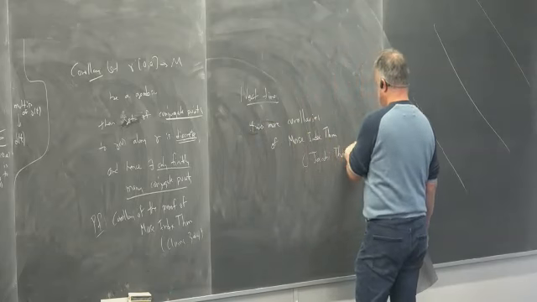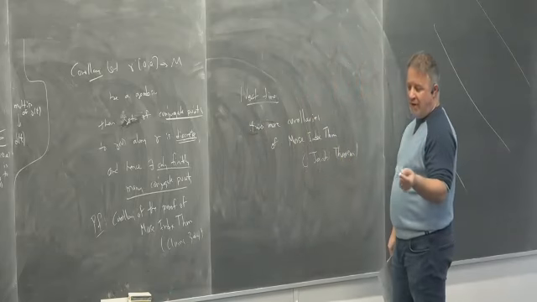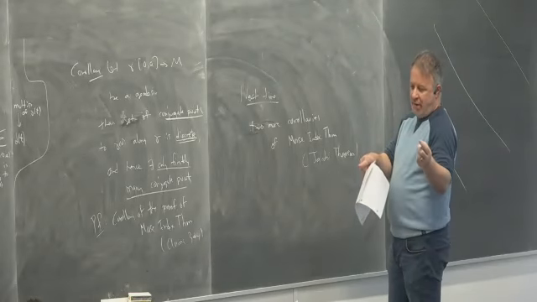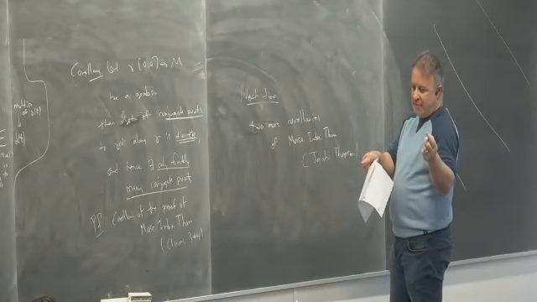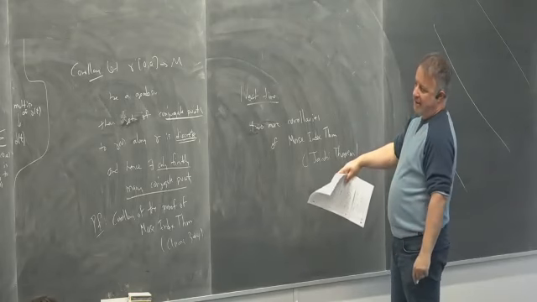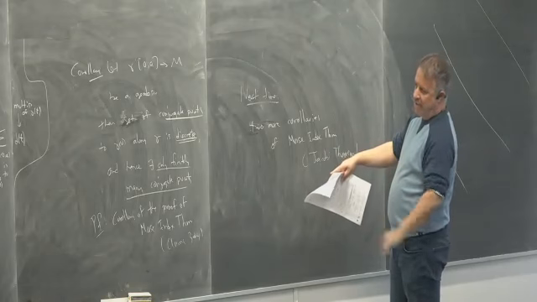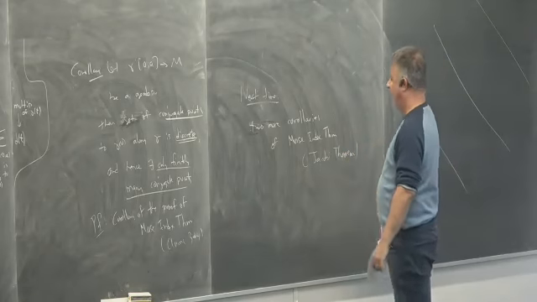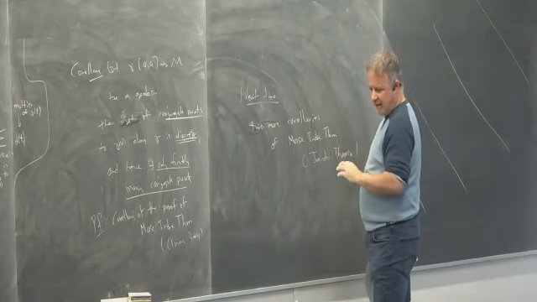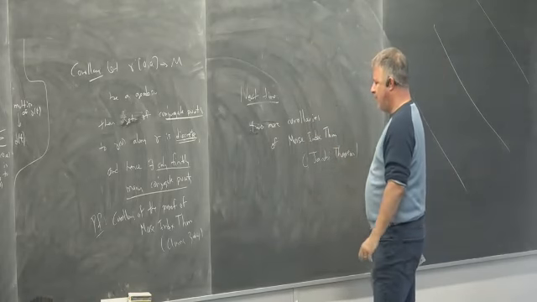But it's essentially what you're proving in problem 1 of assignment 4. You're proving that after the first conjugate point, your geodesic will never be minimizing. So it's a more fancy way of stating that statement as a corollary of the Morse index theorem. And of course, you don't have to use this to do problem 1. That's very, very basic. I give you all the hints on how to do it.